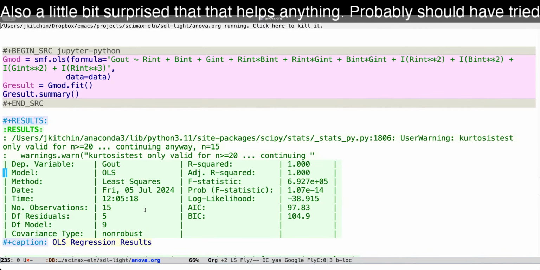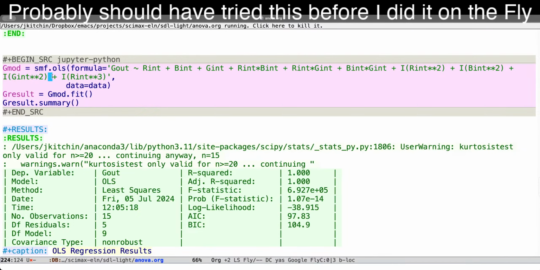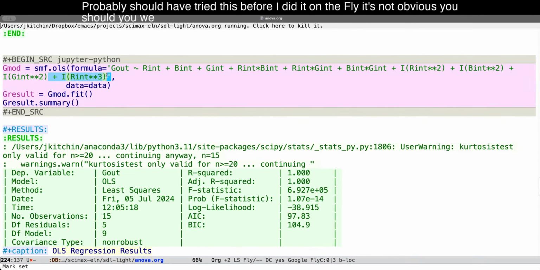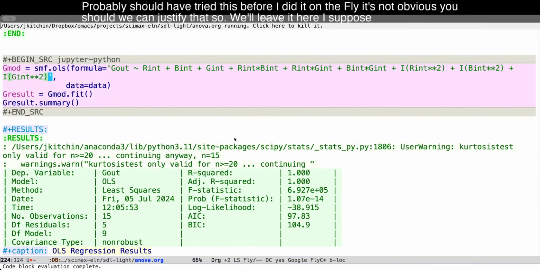Probably should have tried this before I did it on the fly. It's not obvious. You should. We can justify that. So we'll leave it here, I suppose.